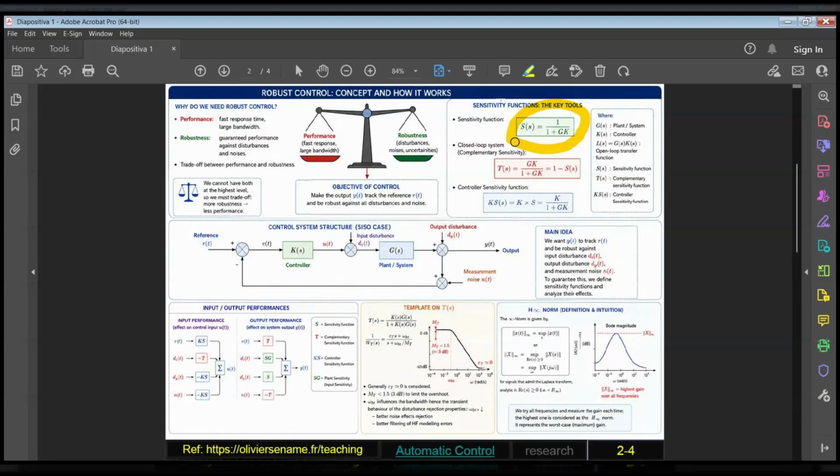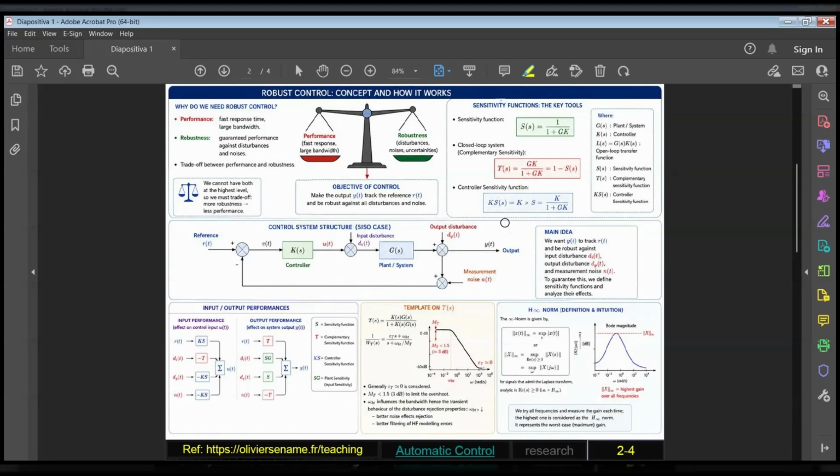We also define the closed loop transfer function, which is equal to GK over 1 plus GK, and it is equal to 1 minus S. And the controller sensitivity function is KS, equal to K over 1 plus GK. These functions are the key tools used in robust control and H-infinity design.